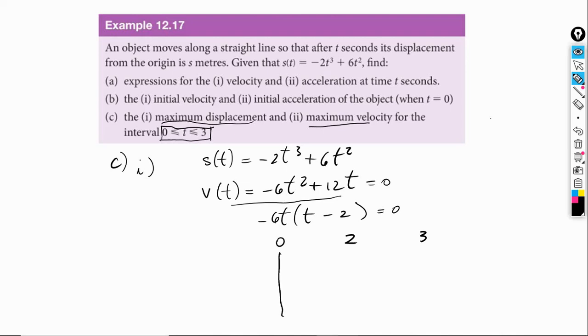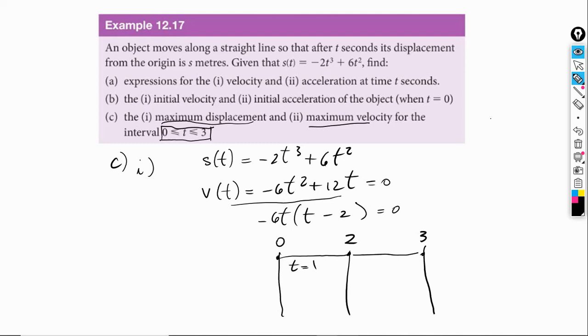So what we need to do is test values between these 3 points, because 0 is the starting point, and also it's going to be where the slope is 0, meaning that it can be a minimum or a maximum for the displacement. Most obviously, probably a minimum, right? So at 2 seconds, you might have a maximum, and then we have to see what happens before 3 seconds, right? Okay. So let's test the value 1.